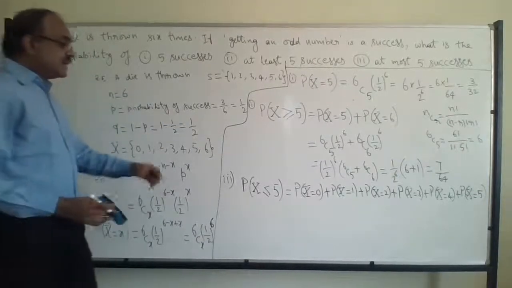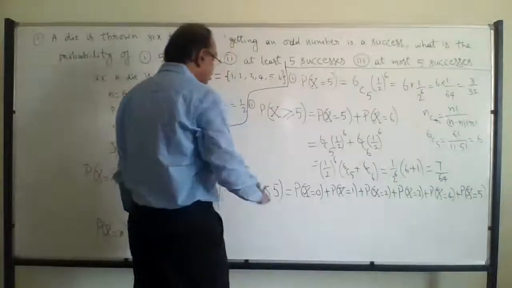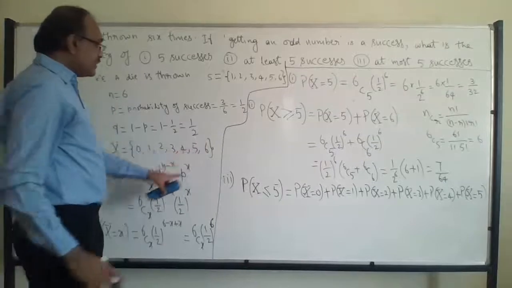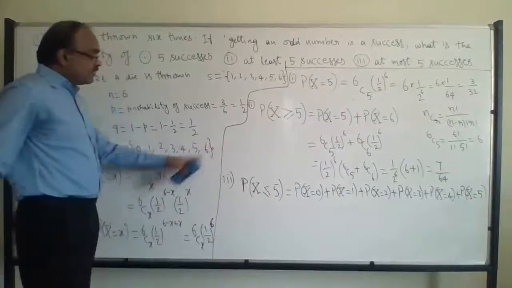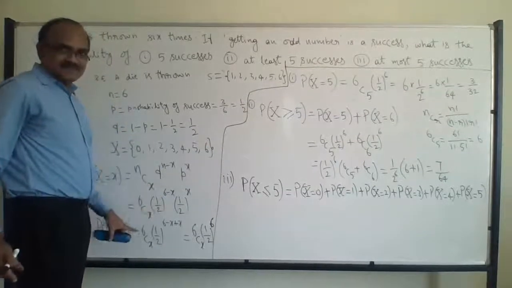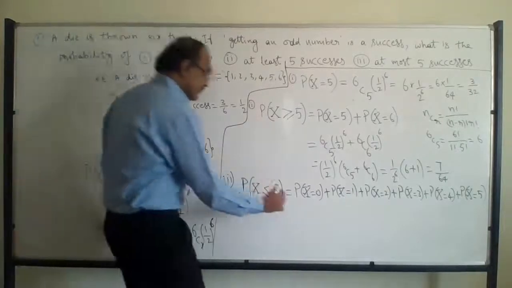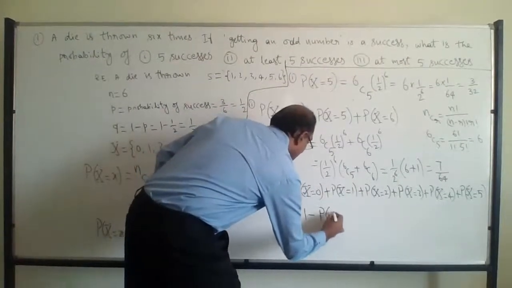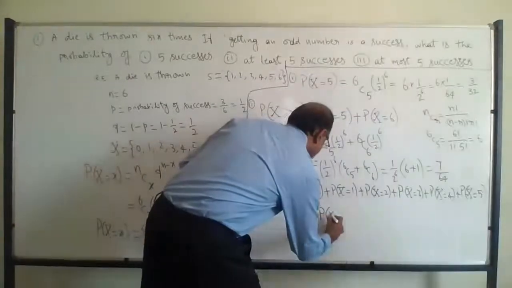Sum of all the probabilities, that is 0 to 6, is 1. So what you want is to remove this one. From 1 you have to remove the probability of 6. Then you get the answer. The easy thing for this is 1 minus probability of X equals 6.